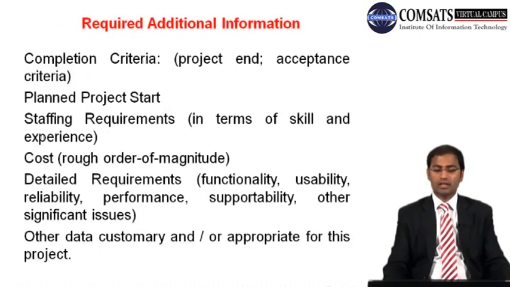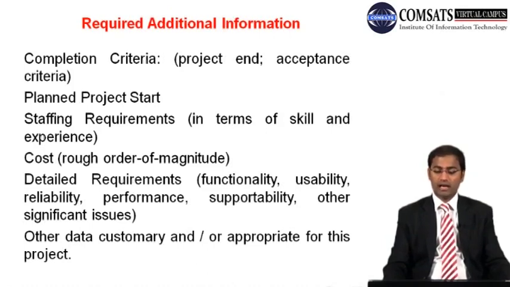Additional requirements may be completion criteria, which we have talked about, and project acceptance criteria. Then planned project start, staffing requirements in terms of skill and experience, cost rough order of magnitude, detailed requirements, functionality, usability, reliability, performance, portability, and other significant issues.